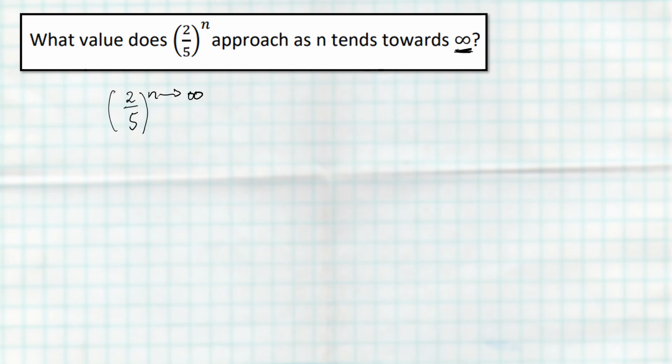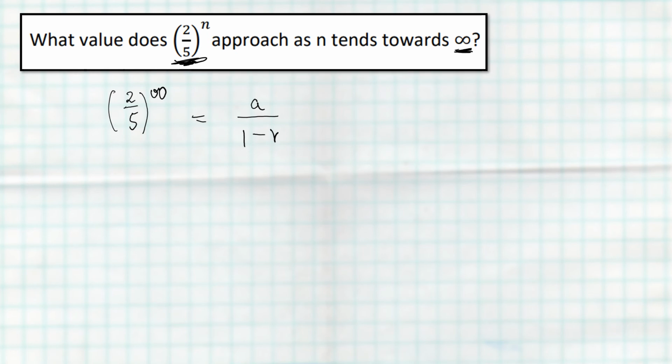Infinity. So it's simple. They simply want sum to infinity. So you have to calculate sum to infinity to be able to know what value this approaches as n tends to infinity, because our n is now going towards what? Infinity. Can you see? So in that case, we are just going to use a formula of sum to infinity, a over 1 minus r.